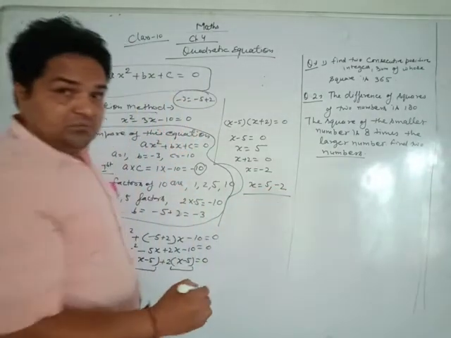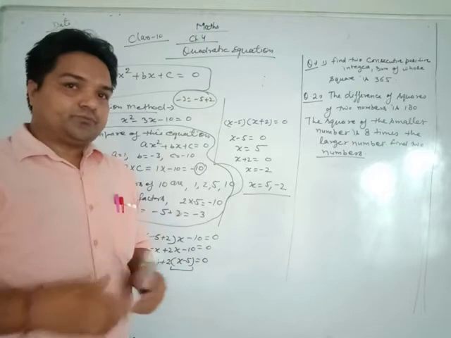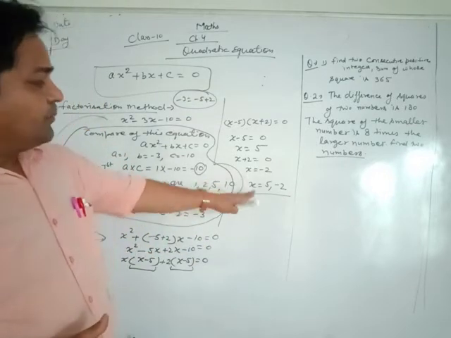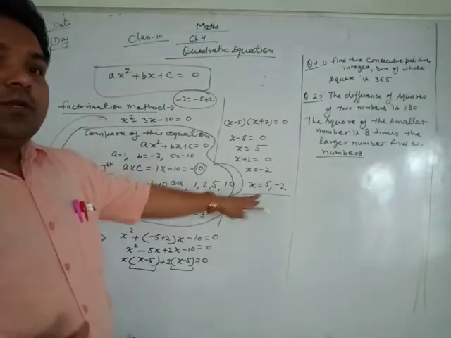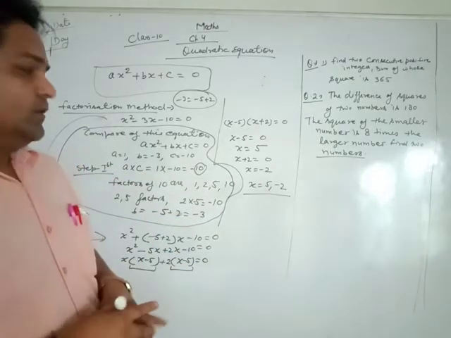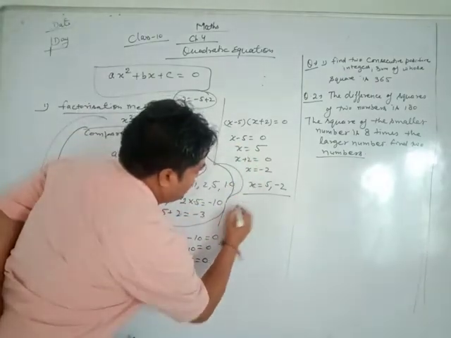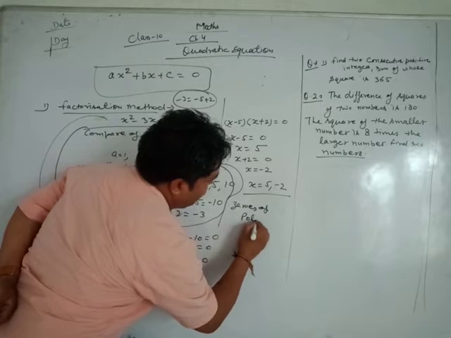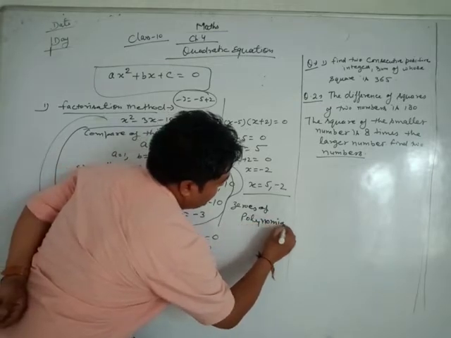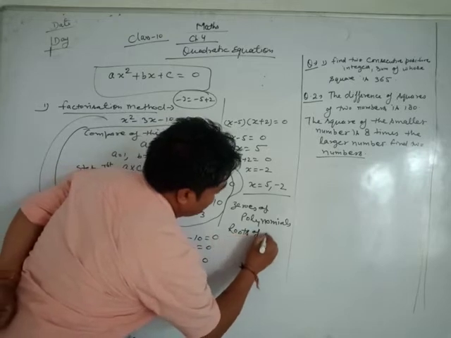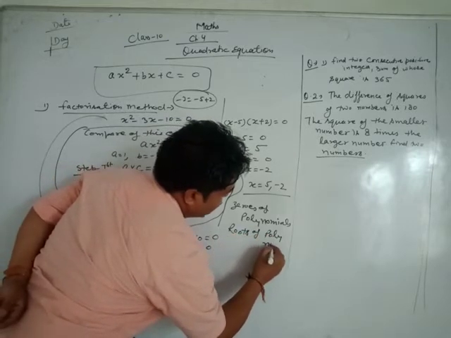It is also important for chapter number 2, polynomials, because there we also write the roots, the zeros of the polynomials. It is called zeros of a polynomial, and second is roots of a polynomial.